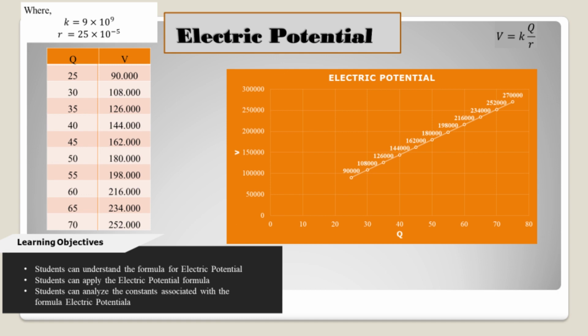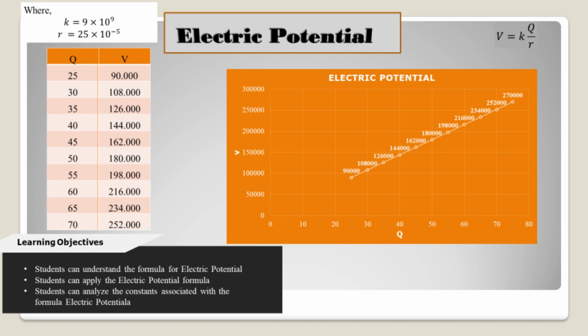If Q is equal to 65, the electric potential is 234,000. If Q is equal to 70, we have the electric potential equal to 252,000. Look closely at the electric potential graph.